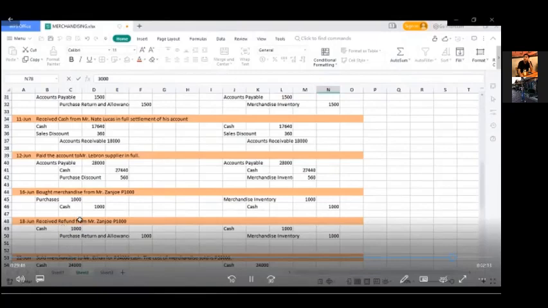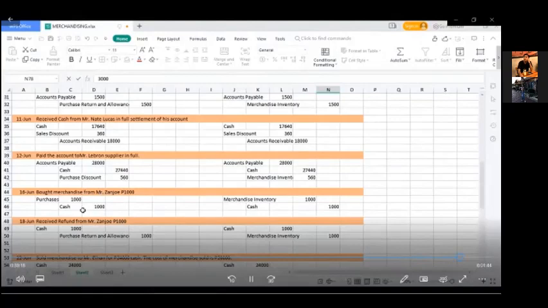So, ano yung nasa cost of goods sold natin? Merchandise inventory beginning and i-add natin yung purchases and less purchase return and allowances, purchase discount, and add yung freight in and less merchandise inventory ending.